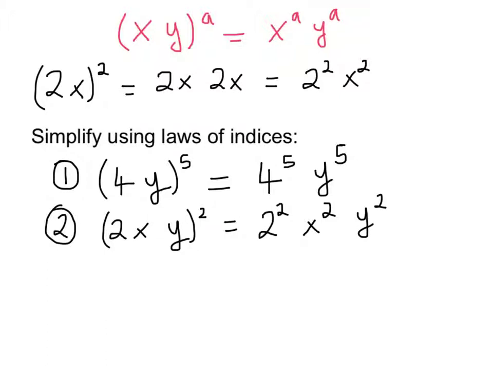Okay, and the last law that I want to draw your attention to is this. If you have the nth root of x, now this may be a bit more technical, that as a power is written as x to the power of 1 divided by n.